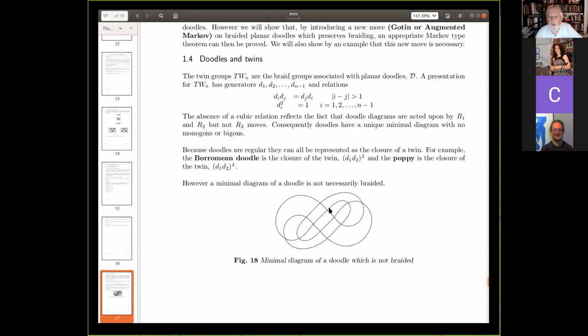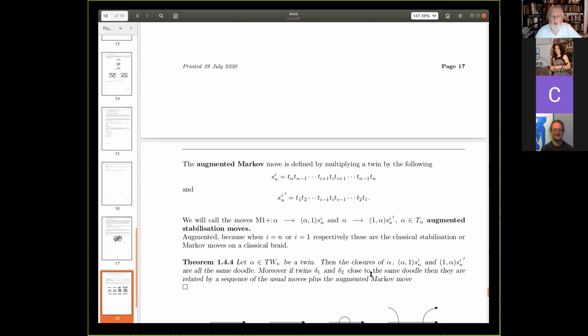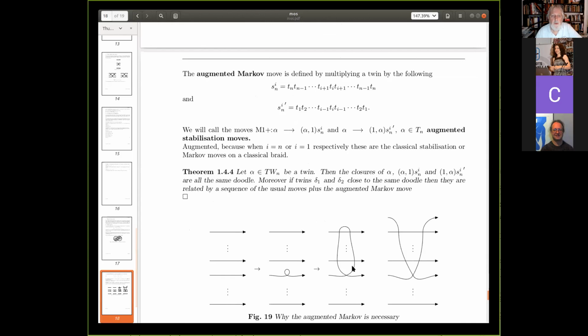But it's not braided. It's not the closure of a braid. So what can we do then with doodles? We would like to prove some kind of Markov theorem for doodles.